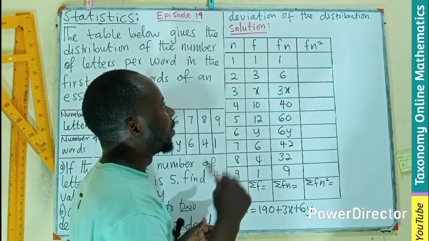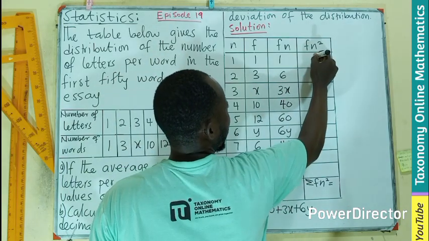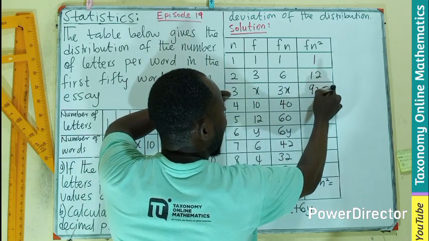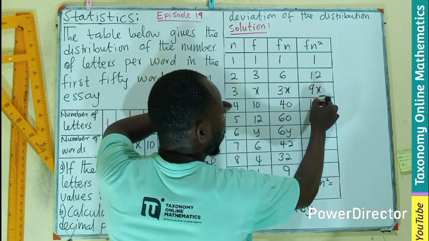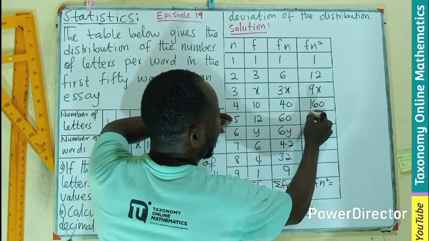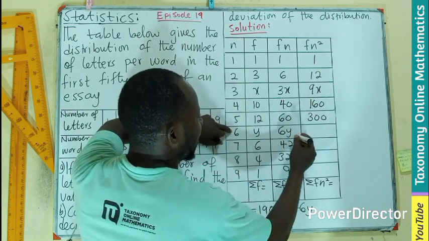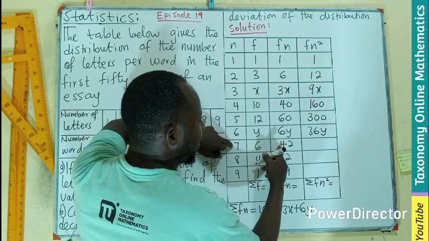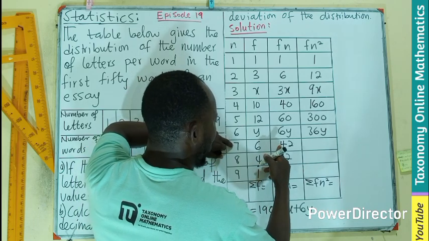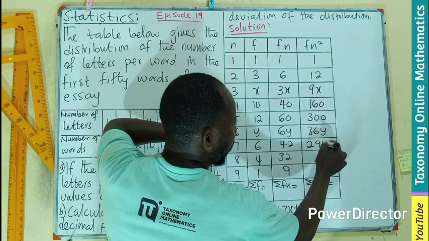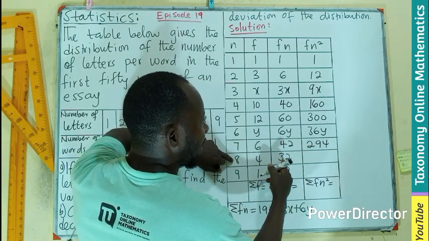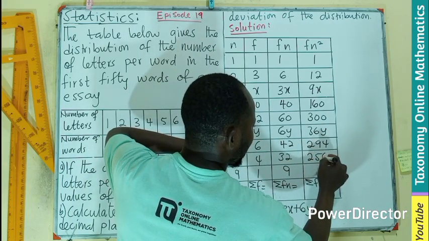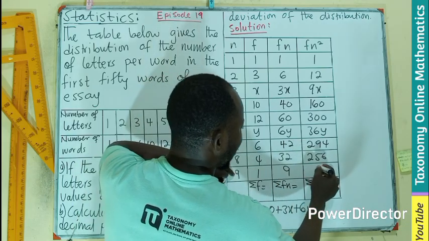This becomes 1 times 1, still 1, 2 times this gives 12, 3 times this will be 9x, 4 times this, I guess 160, 5 times this will be 300, 6 times this will be 36y, 7 times this will be 294, 8 times this is 256, I guess. I'll cross check.